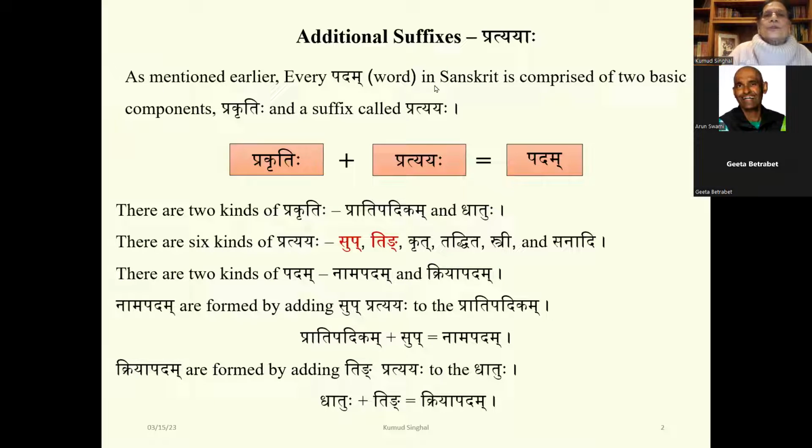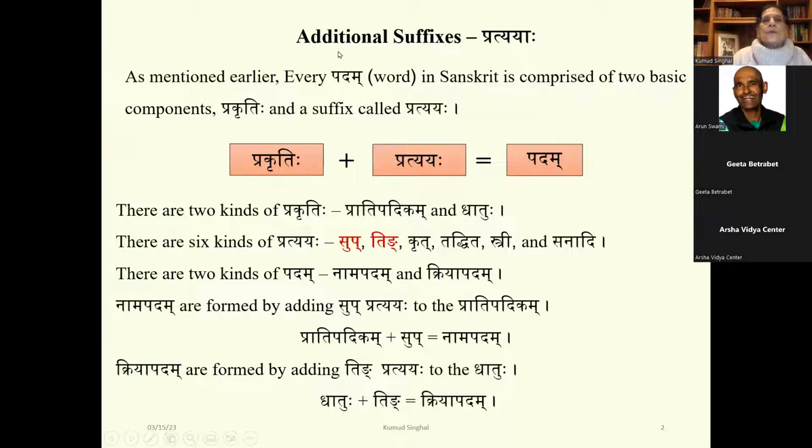So I'm going to give an overview of additional suffixes. You all know that, as mentioned earlier, every padam, meaning word in Sanskrit, is comprised of two basic components, prakriti and a suffix called pratyaya. So prakriti plus pratyaya results in a padam.